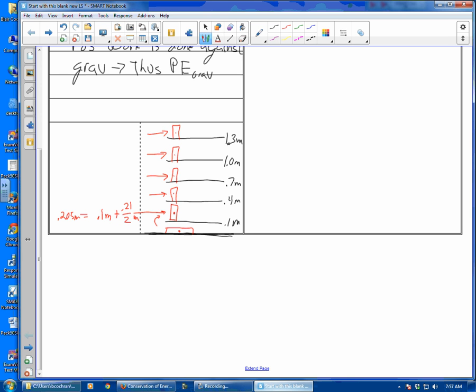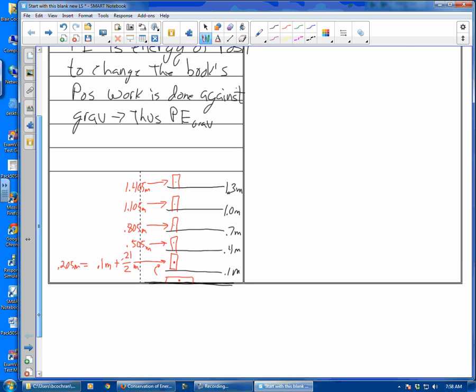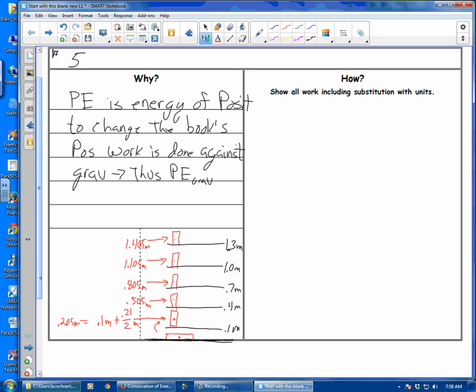So now this one would be at 0.505 meters, 0.805 meters, 1.105 meters, and 1.405 meters for the different shelves. All right, so that's probably the most common mistake, to forget that little, almost trivial bit, but it makes a big difference.